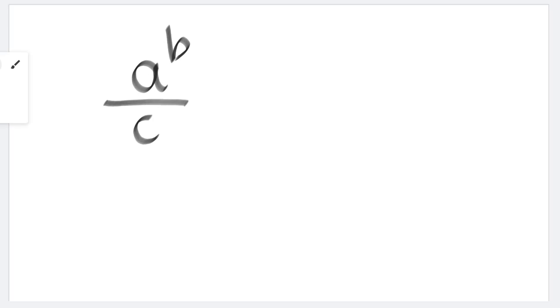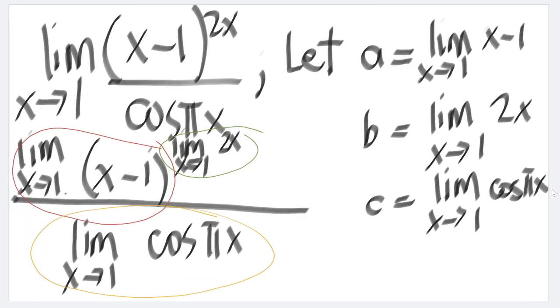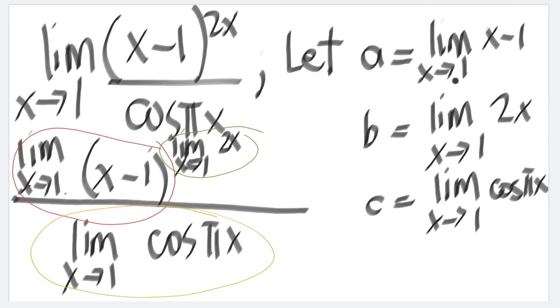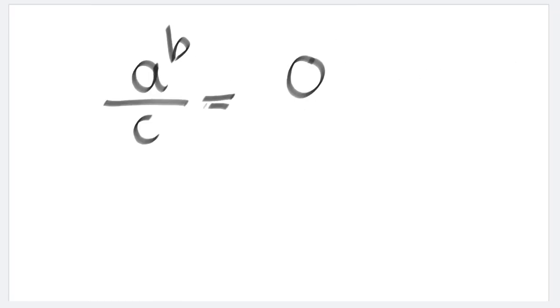But we know that here, the limit of x minus 1 as x approaches 1 is equal to 0. If you just substitute x is equal to 1, that would be 0. 1 minus 1 is 0. The limit of 2x as x approaches 1, 2 times 1, is 2. So your B is 2.